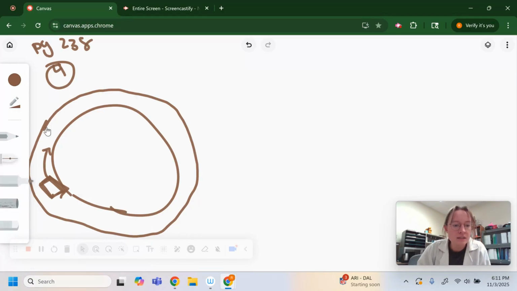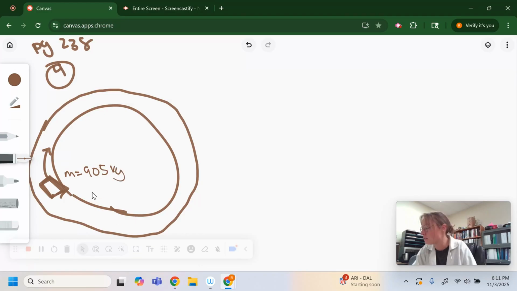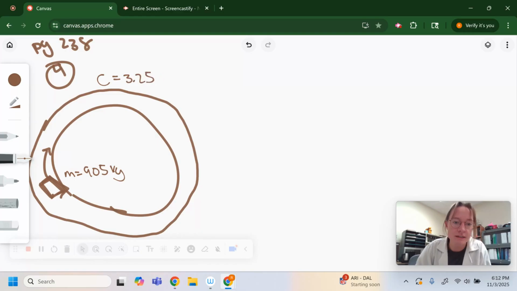It tells us a few things about this car. It says this car has a mass of 905 kilograms. It also says that the circumference of this track, which I shall label capital C, is 3.25 kilometers. When I translate it to meters, it's 3,250 meters.